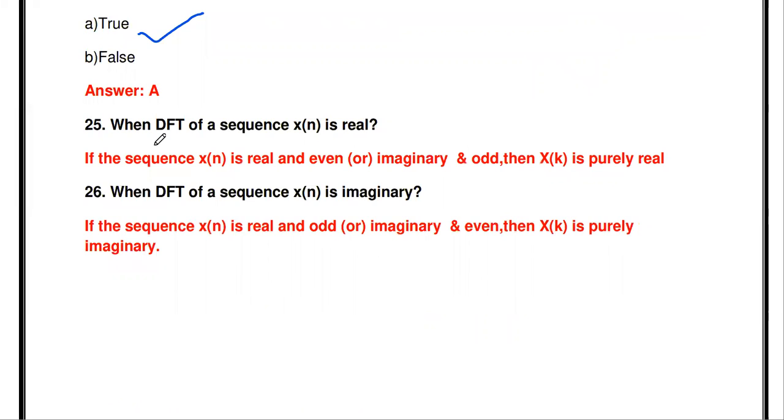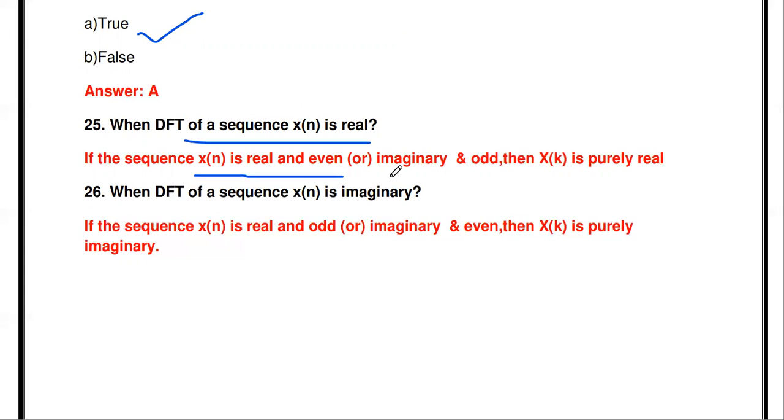Then the next one: when is the DFT of a sequence x of n real? Okay. When the DFT of the sequence x of n is real, in which condition is the DFT answer for the sequence x of n real? If the sequence x of n is real and even, or x of n is imaginary and odd.